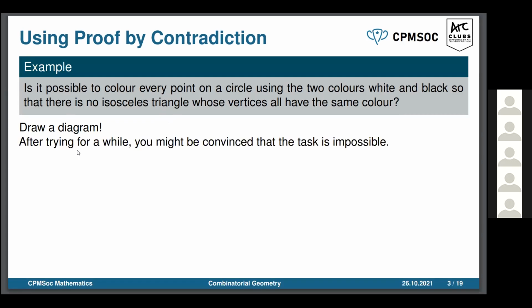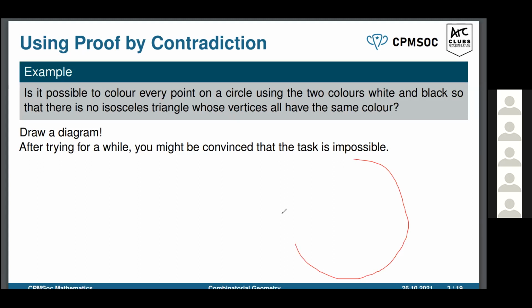Okay, if you try for a while, you might realize that even for just a finite number of points, or just a few points, the task already seems to be impossible. For example, you might have a situation where you're not allowed to color a point white or black. So, for example, I have two isosceles triangles.